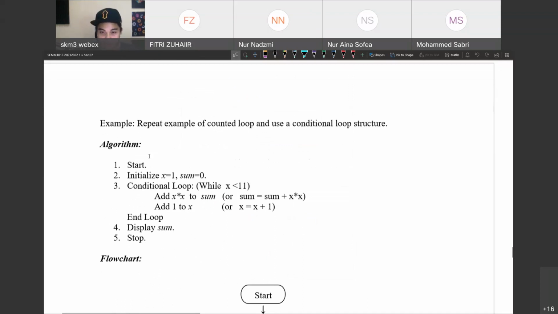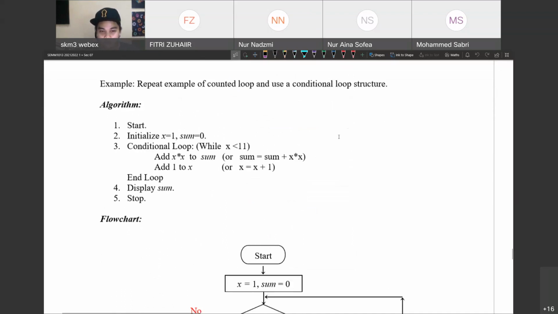Repeat the example of the counted loop and use a conditional loop structure. All right. The first one, we start with the start. Initialize x equal to 1 and summation equal to 0. And we have the conditional loop. This is the algorithm. While x is less than 11, you will process the information.